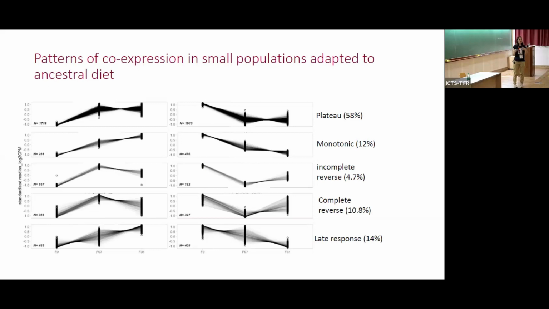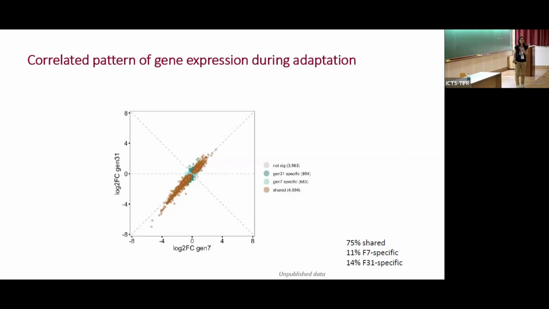And when we look at different patterns of co-expression, question. Sorry, when you say shared, is it shared with the other treatment? No, it is shared between generation 7 and 31, meaning that if we compare gene expression at generation 7 to our founder population and at generation 31 to our founder population, we see that 75% of differentially expressed genes are shared between these two, but also the magnitude and direction of change are highly correlated.